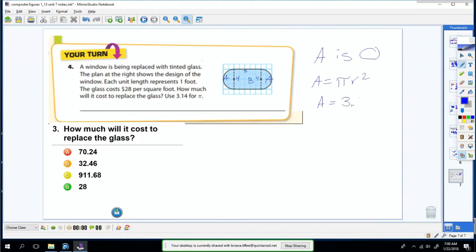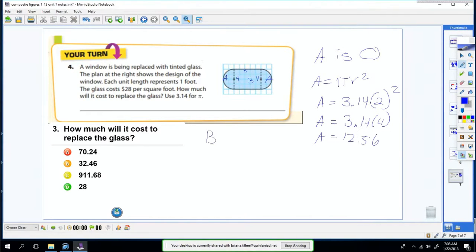So pi is just 3.14. The radius will be 2 because the diameter is 4. So that'd be 2 squared, which is just 4. So you're going to do 3.14 times 4, which is 12.56. So that's the area for A.